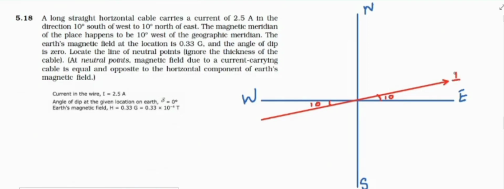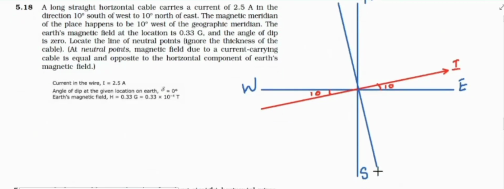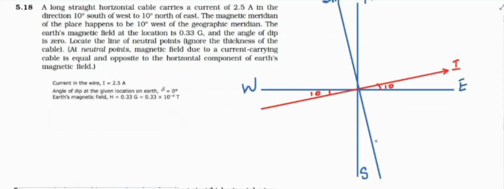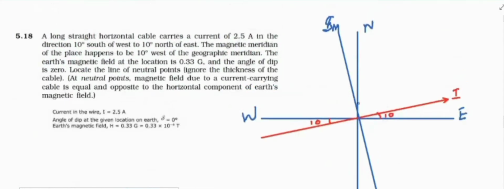It carries current I. Now for the magnetic meridian, again we have to see. The magnetic meridian makes 10 degrees west of the geographic meridian. The same way, this is the magnetic south pole and magnetic north pole, making an angle of 10 degrees there.